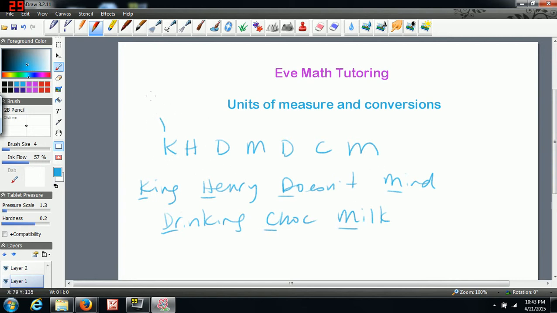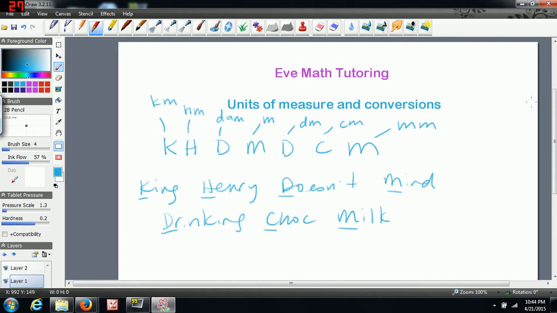Now here, this one represents kilometers, hectometers, dekameters, meters, decimeters, centimeters, and millimeters.